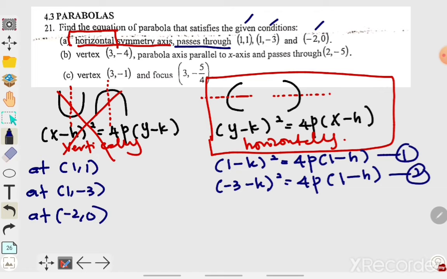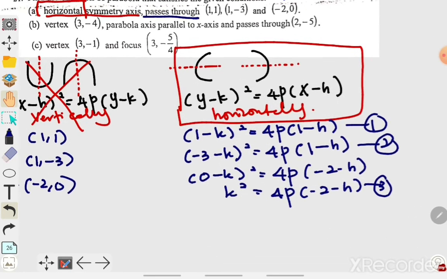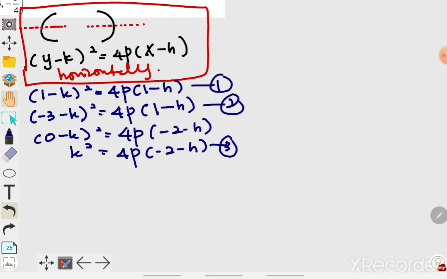Replace y with 0, so you have (0 minus k) squared equals 4p times (negative 2 minus h). I think the third one can be simplified: k squared equals 4p times (negative 2 minus h). So this becomes the third equation. Alright, so we have to solve these three equations for the parameters k, p, and h.